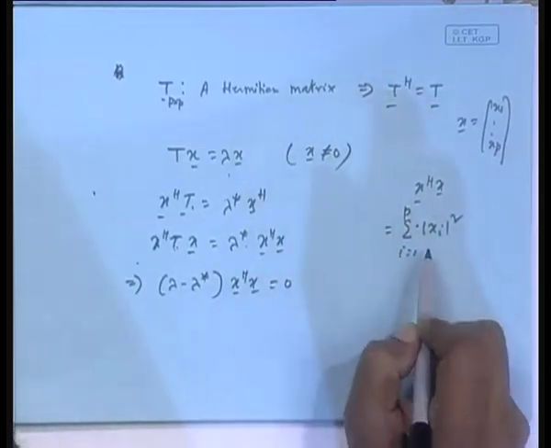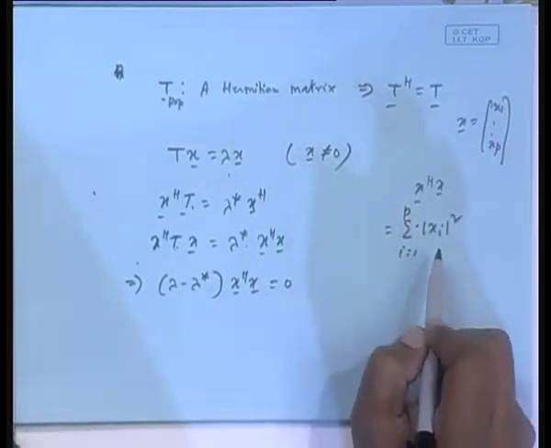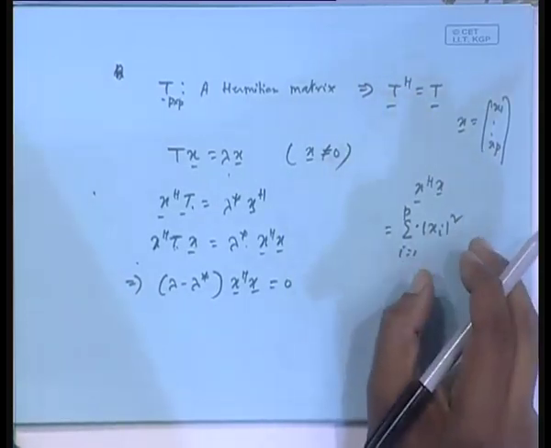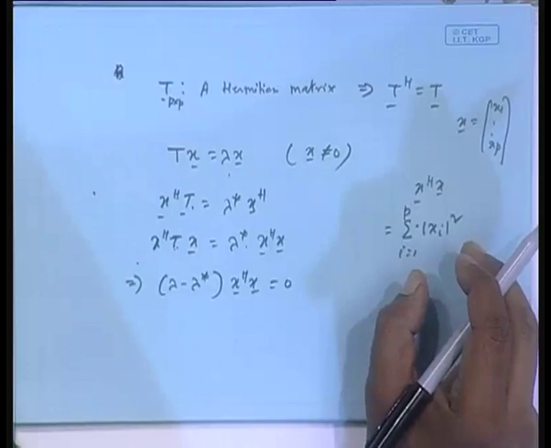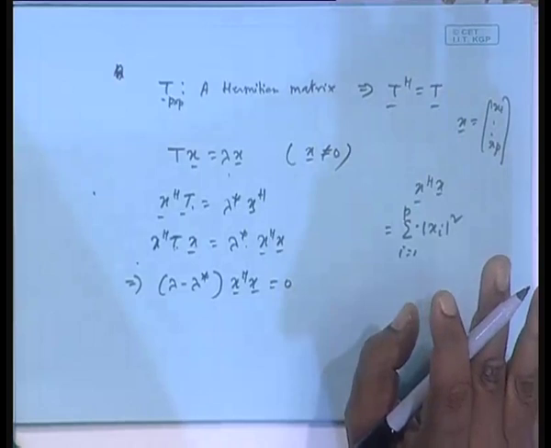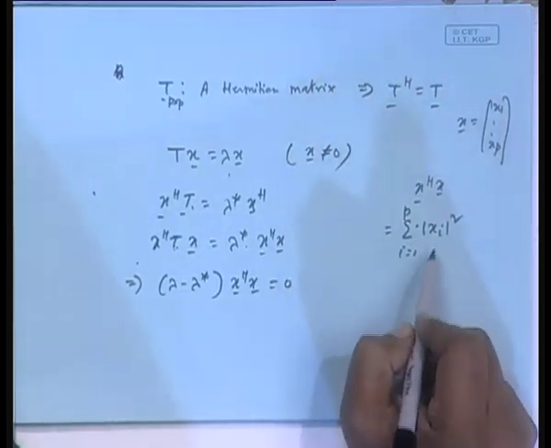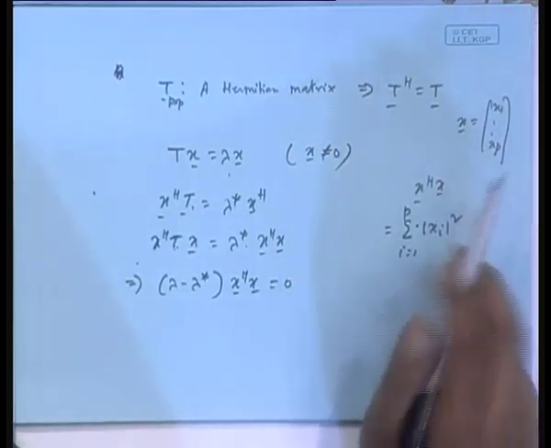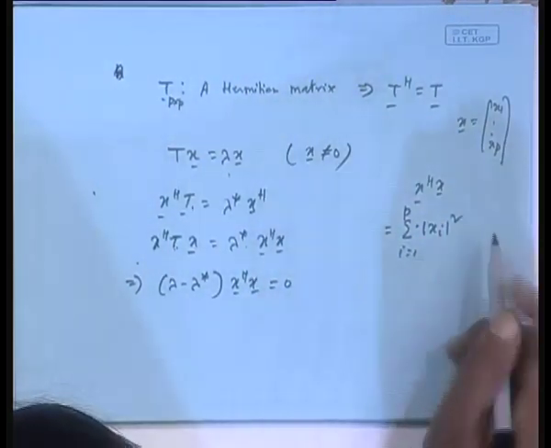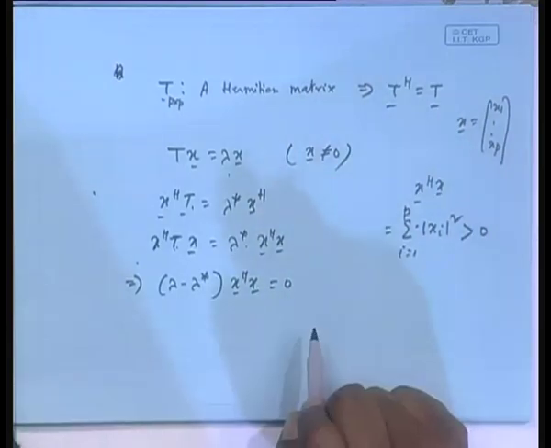This is always real, non-negative. If it is 0, every term has to be 0, because every term is a mod square term, isn't it? If the entire summation is 0, every term has to be 0, which means each xi is 0, which means x is a 0 vector, but that is ruled out, because x is an eigenvector, x cannot be 0 vector. So this is always greater than 0.